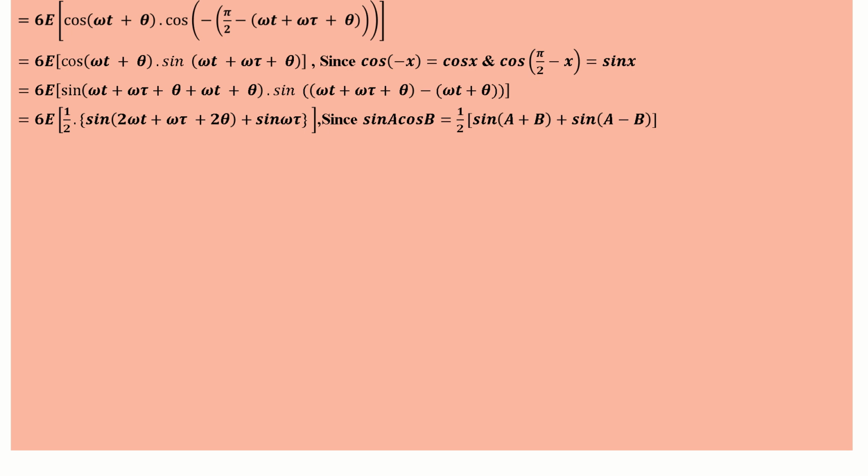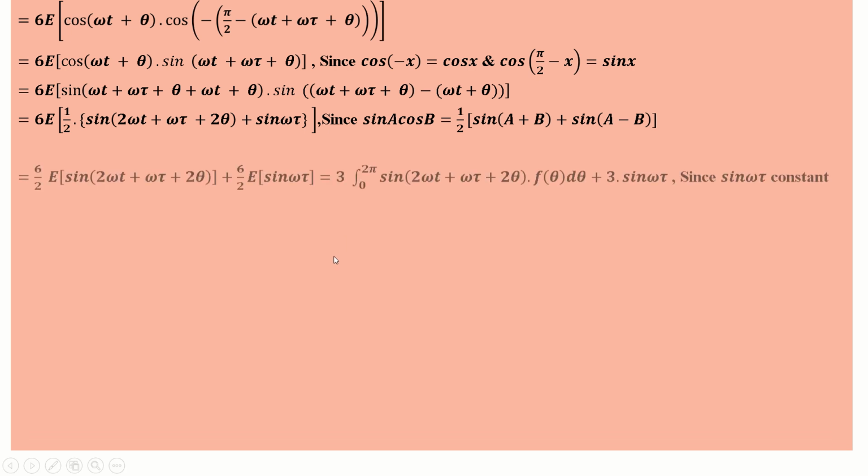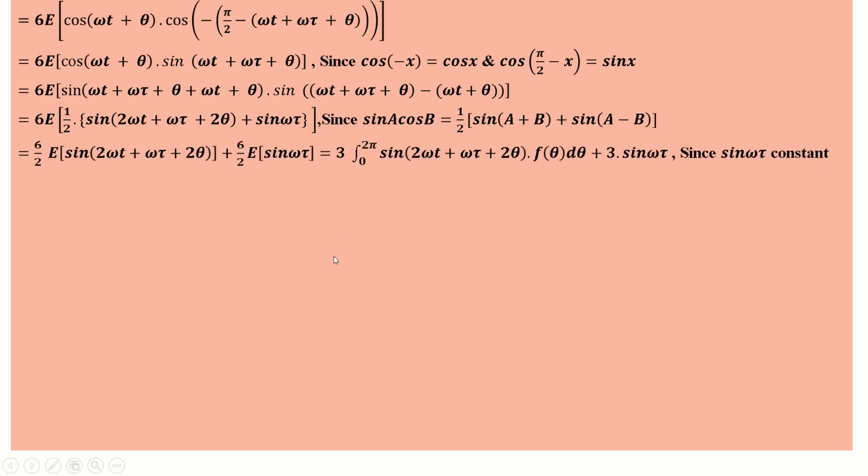So we will get 6 times the expected value of 1 by 2 [sin(2ωt + ωτ + 2θ) + sin ωτ]. So finally we are splitting the expectation. So 6 by 2 expected value of sin(2ωt + ωτ + 2θ) plus 6 by 2 expected value of sin ωτ. Sin ωτ is a constant with respect to expectation. So the last term you will get 3 sin ωτ.